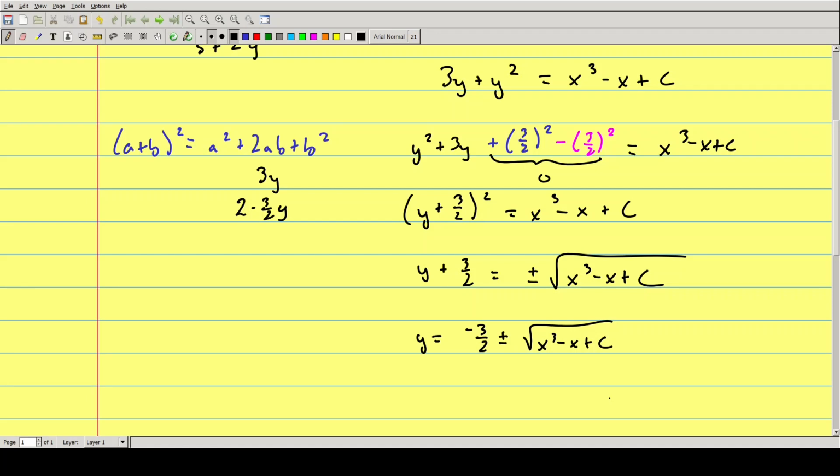So if I give you an initial value in addition to this problem, then that would force it to be either the plus or minus branch of the square root. All right, questions about this? Seems okay?